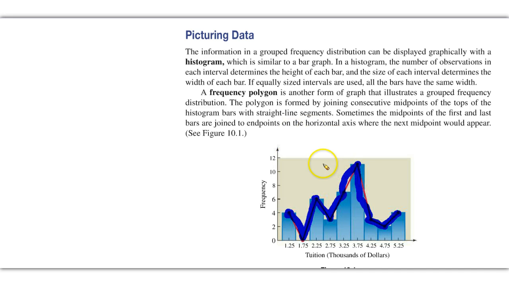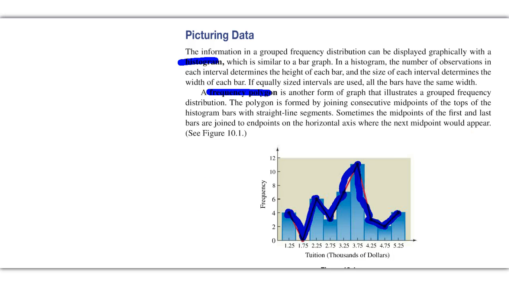So the combination then, as we see it, would be a histogram with the bar, and then a frequency polygon as the line. So if they ask you to do something like this, this is what they're referring to.